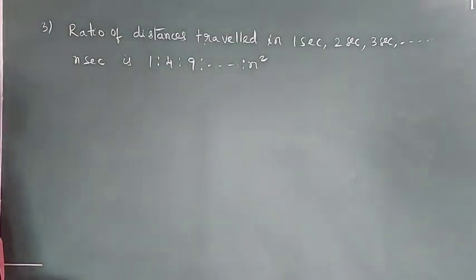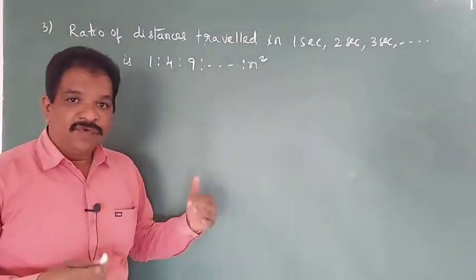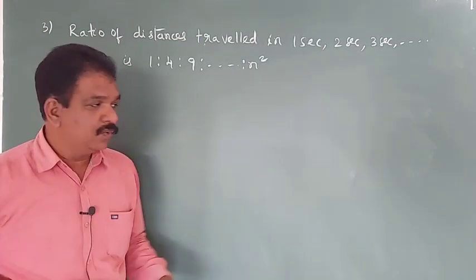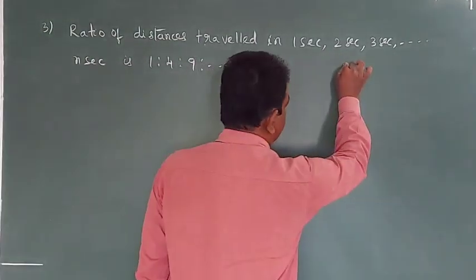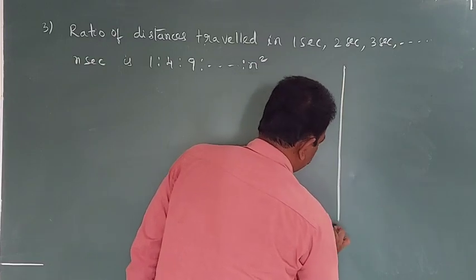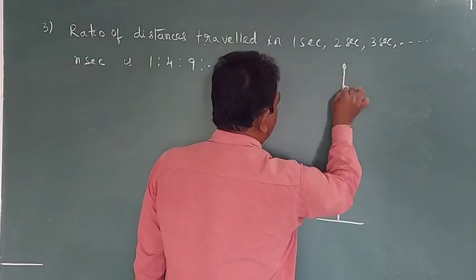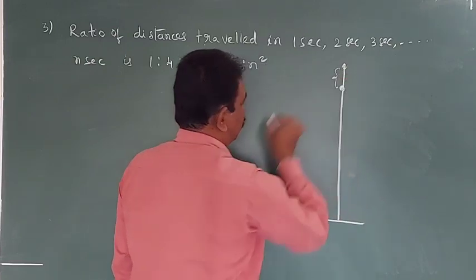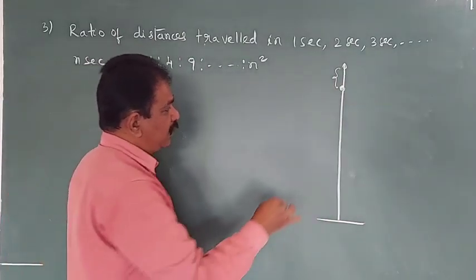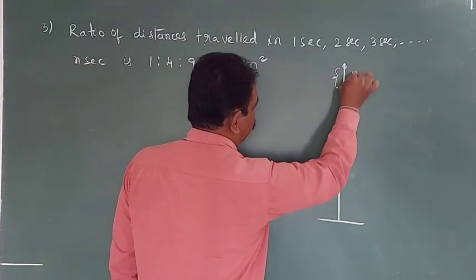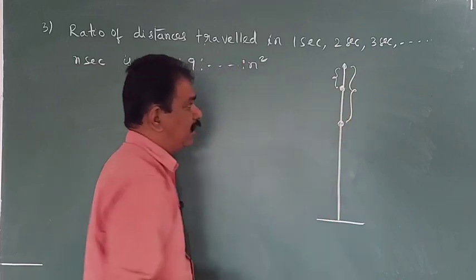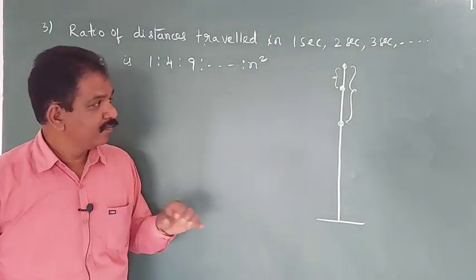So here what they are asking: in 1 second, in 2 seconds, the body is falling like this. After 1 second, let the body come here. After 2 seconds, it came here. So in 2 seconds, it traveled this distance.